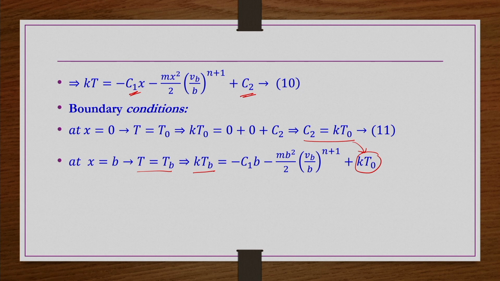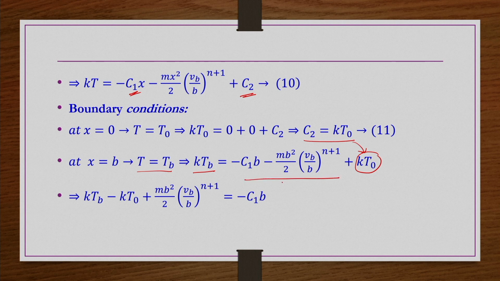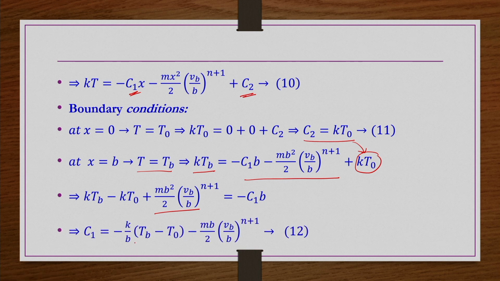Now we take this k T naught to the left hand side, and also m b squared by 2 (Vb/b)^(n+1) to the left hand side. We are not expanding or cancelling b terms, that is not required. So, C1 is nothing but minus k by b (Tb minus T naught) minus m b by 2 (Vb/b)^(n+1).